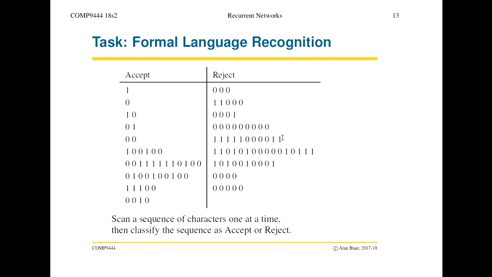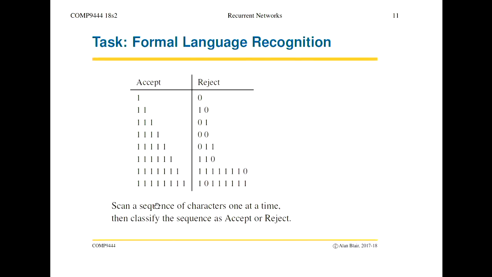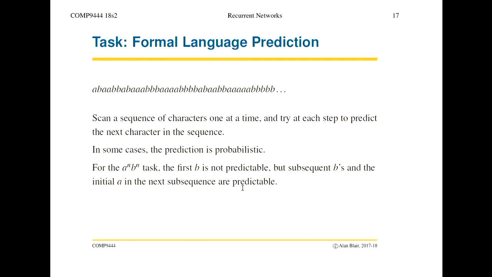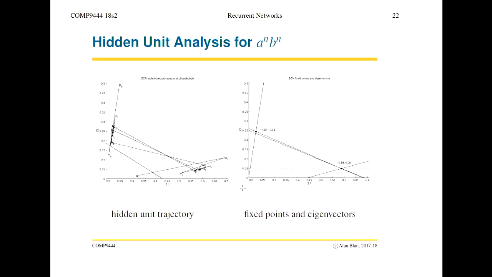So it has to remember for a long time something that happened early on. And the same thing here. This is almost all ones, but it has to pick up on the fact that this 1 0 is necessary.